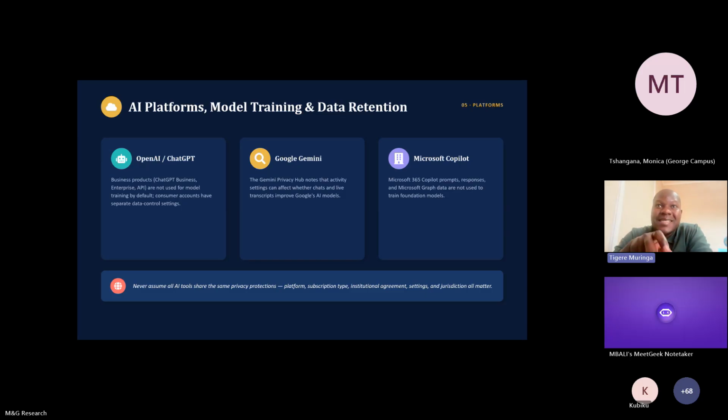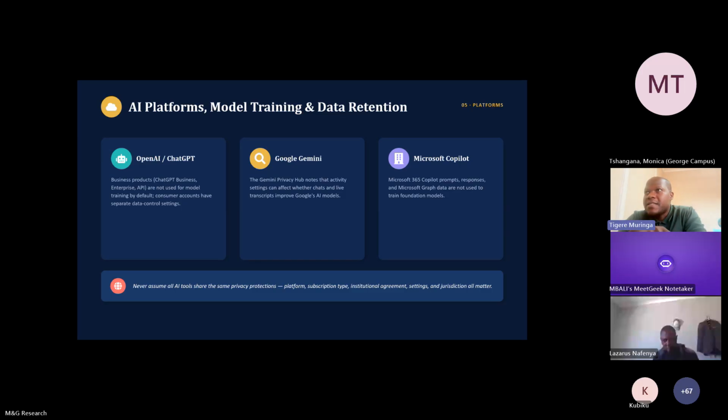So if you delete the output or any information immediately, it might, number one, protect you from other people accessing that information within your platform, within your space. Microsoft 365 says prompts and responses are not used to train foundational models.